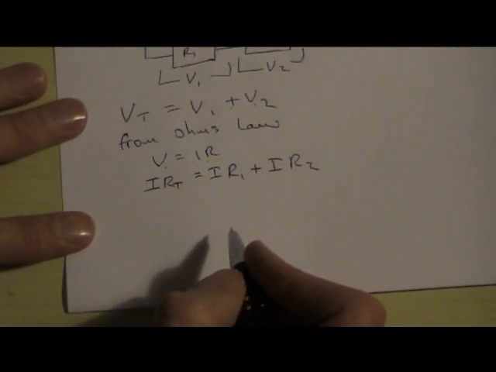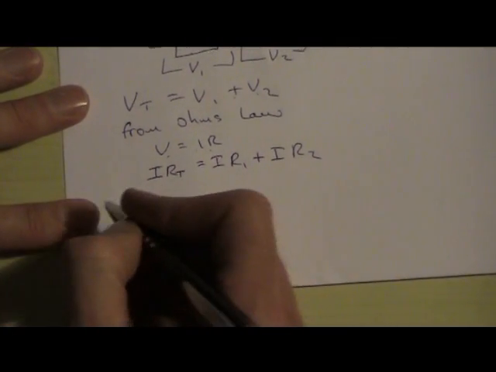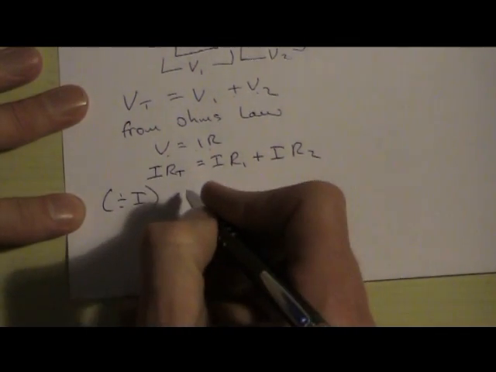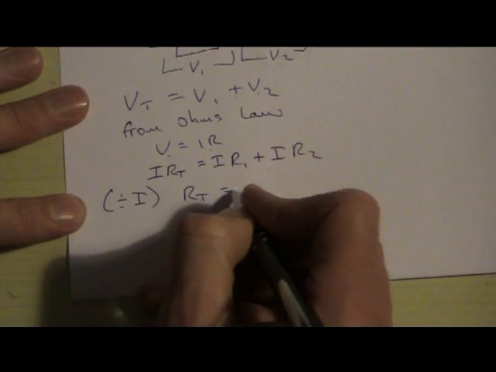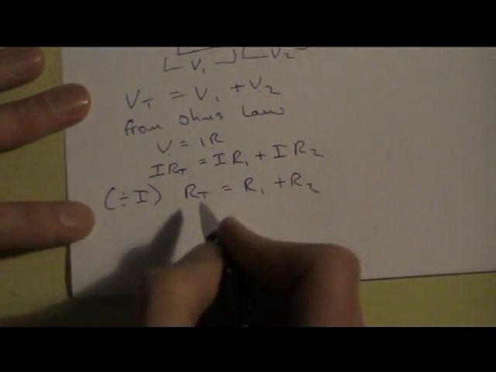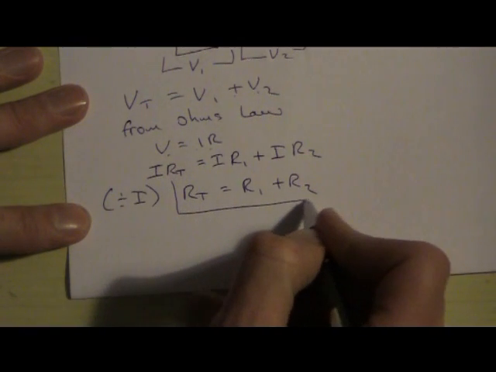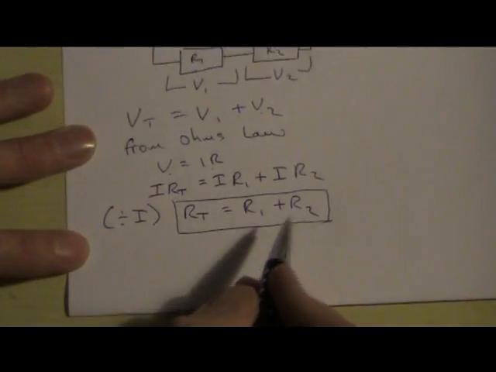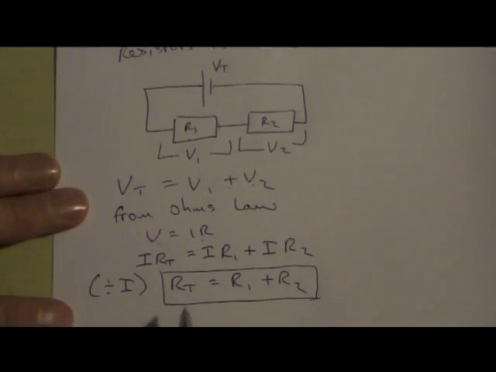Okay, is anything common there? Well, the I's are common, so if I divide right across by I, I get R total is equal to R1 plus R2. So for the total resistance, you simply add the first resistance plus the second resistance, and that gives you your total resistance.